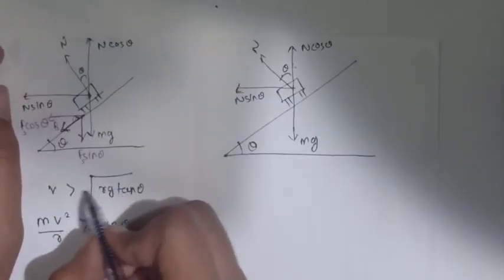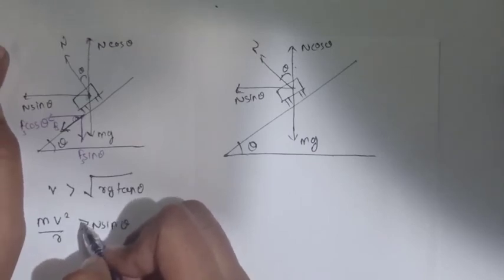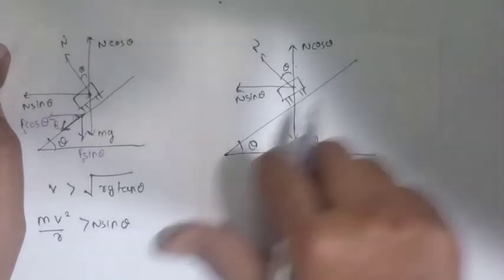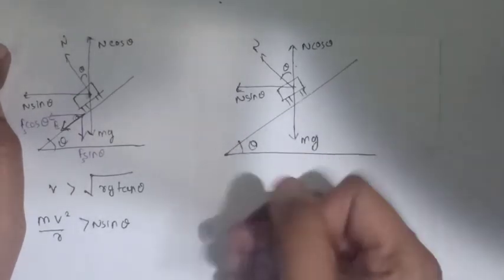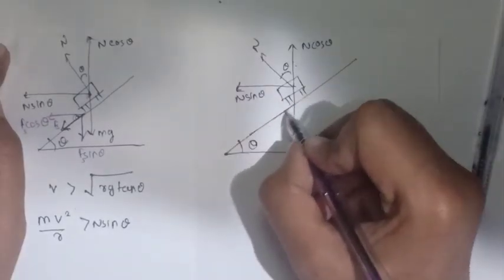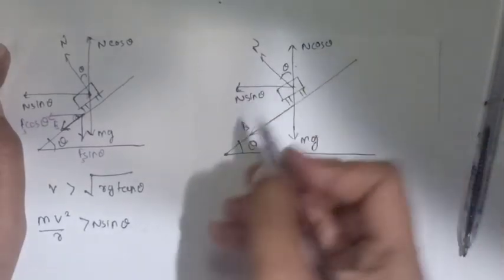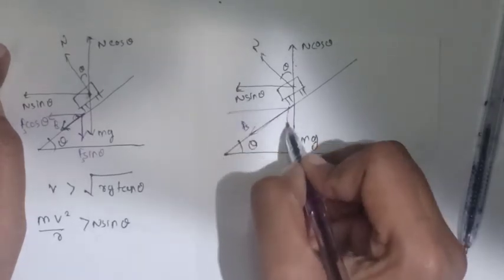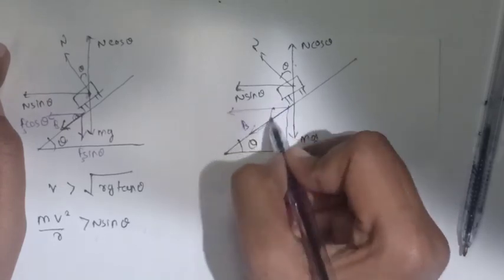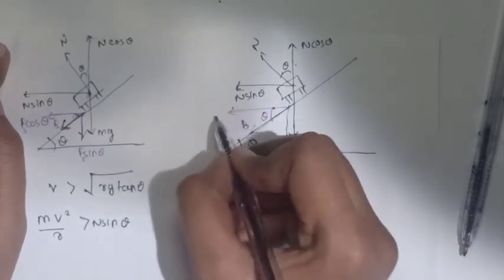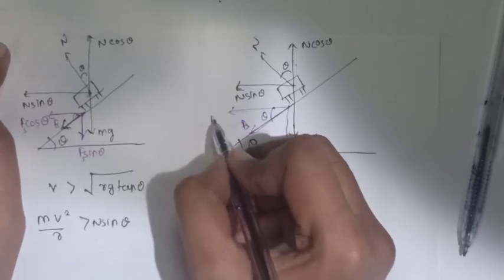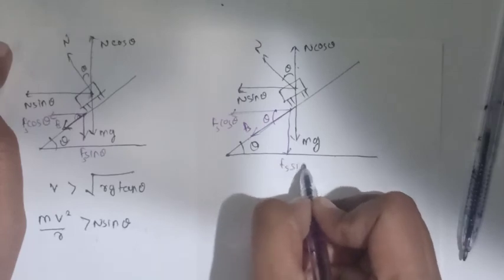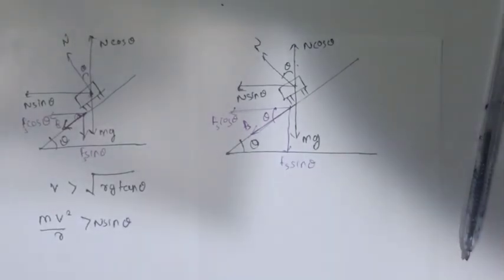As you are considering speed greater than under root rg tan theta, the direction of the frictional force is along the inclination, downward. This is the direction of friction fs. It is resolved into vertical and horizontal components, with theta made by the frictional force: fs cos theta and fs sin theta. That's it. Just practice this.